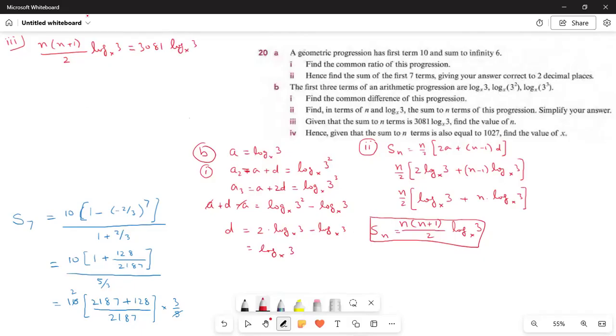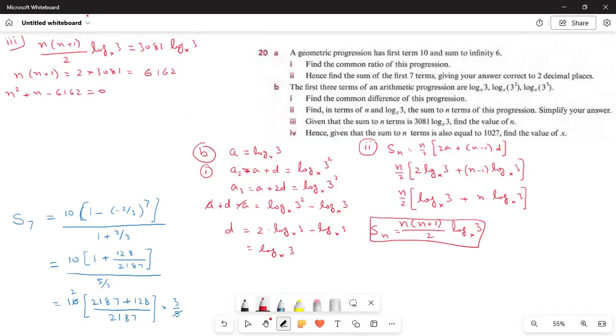So I can cancel this log x³ from both sides and I will have n into (n plus 1) is equal to 2 times 3081, which will give you 6162. So this will become a quadratic equation: n squared plus n minus 6162 equals 0.